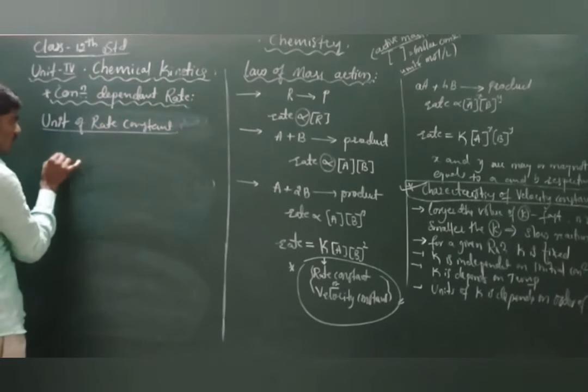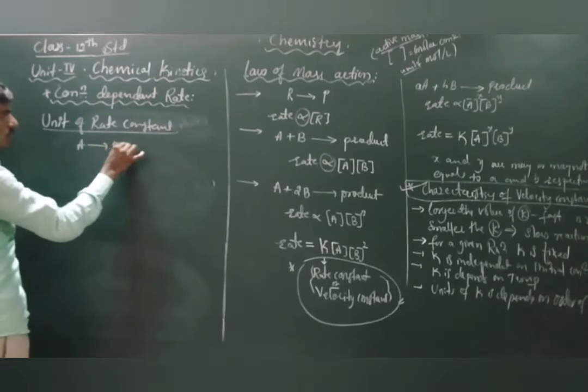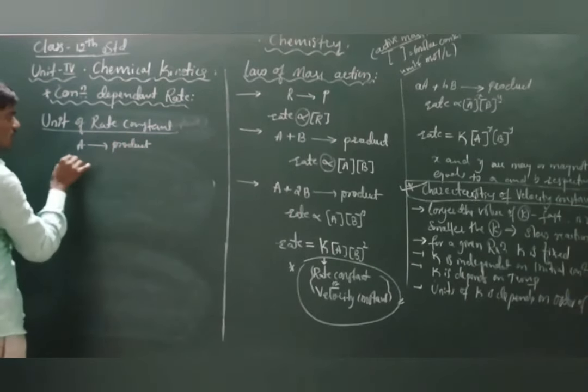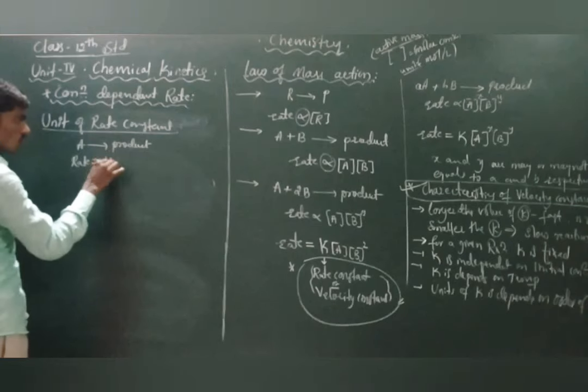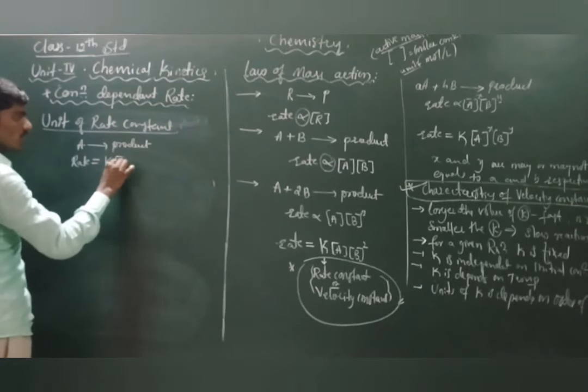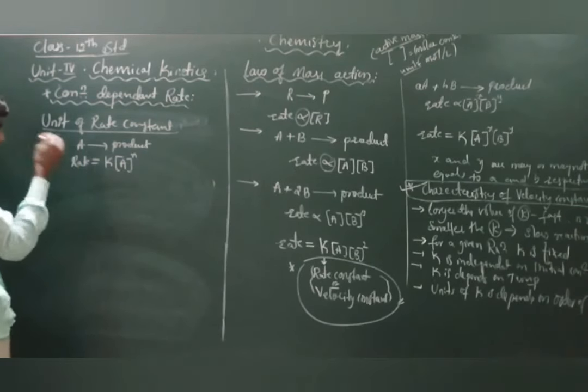Here I am considering a hypothetical reaction, A gives product. In this case, rate is equal to K times the concentration of A to the power n, which may or may not be equal to the stoichiometric coefficient.